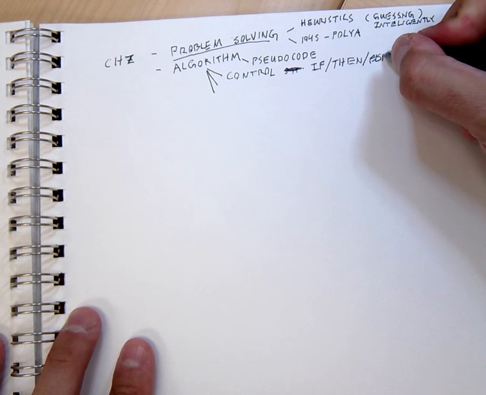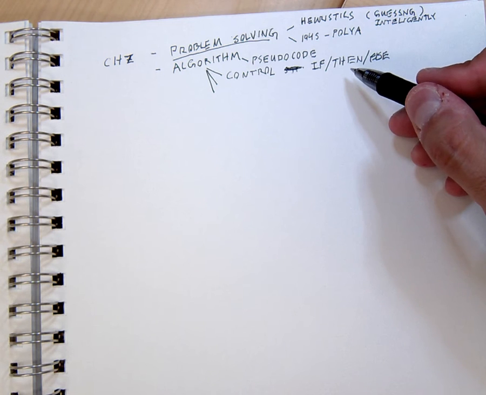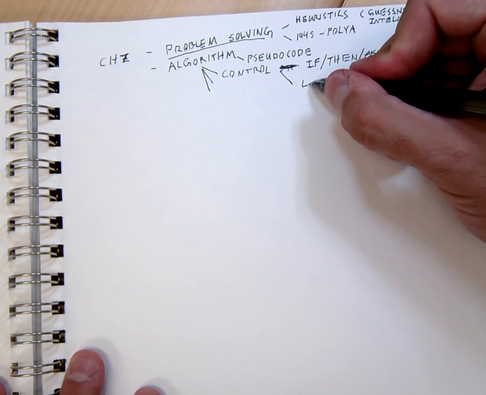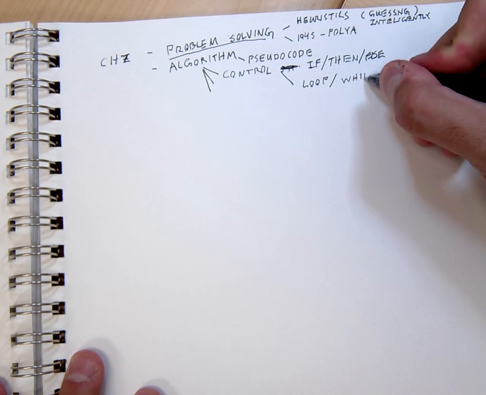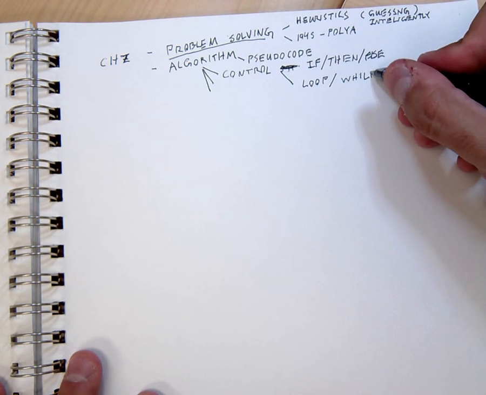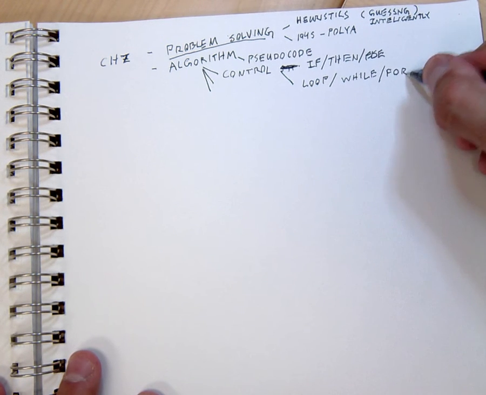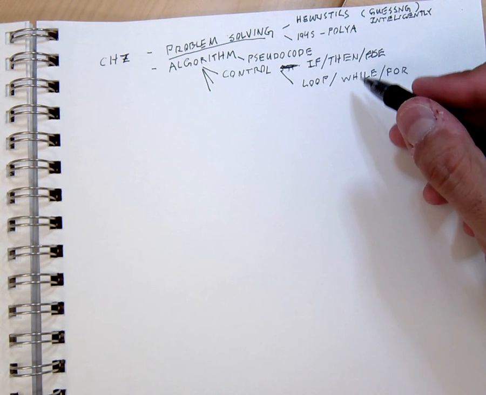So it's how we specify whether we're going to do a block of code or a set of instructions under different conditions, as well as looping. You can say while this is true, do that. You can say repeat this many times. You can say for each i in the range 1 through 10. So these kinds of looping constructs.